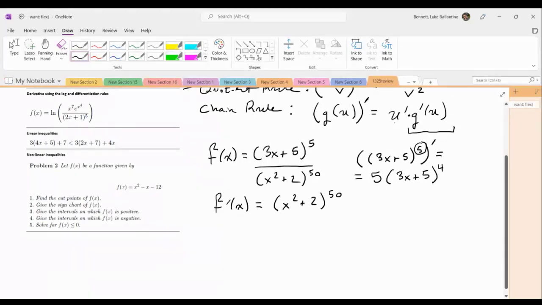I put that right here in the statement of the chain rule. So then we multiply by 3, because the derivative of 5 is just 0. We know that because that's a constant. And then the derivative of 3x is just 3. Whenever we take the derivative of something linear, it's just the slope. So the derivative of 3x plus 5 is the slope of the line 3x plus 5.